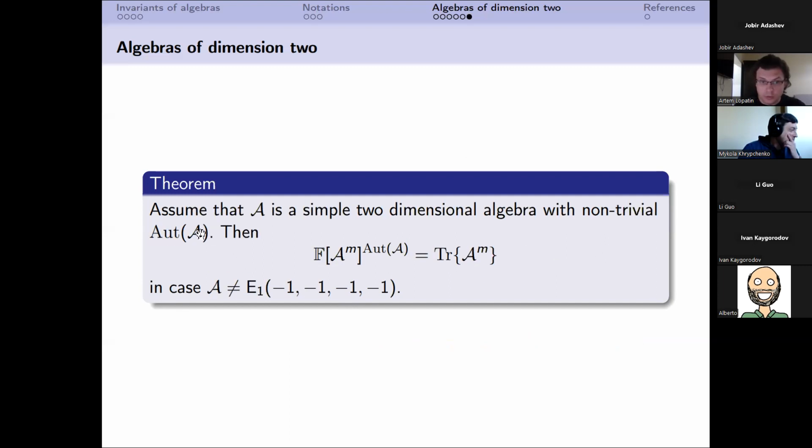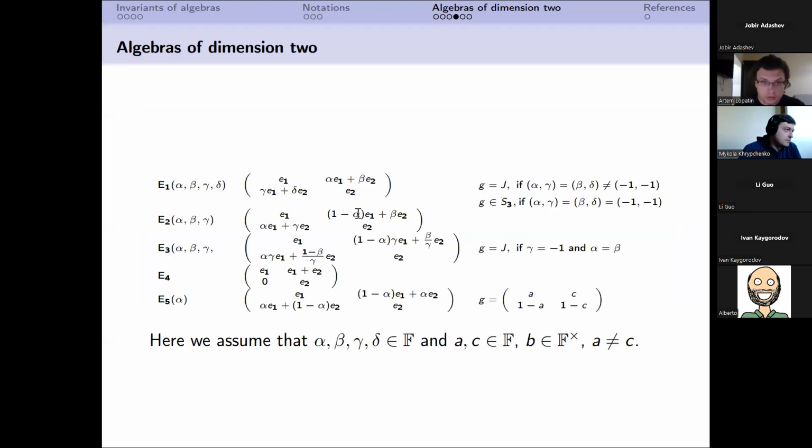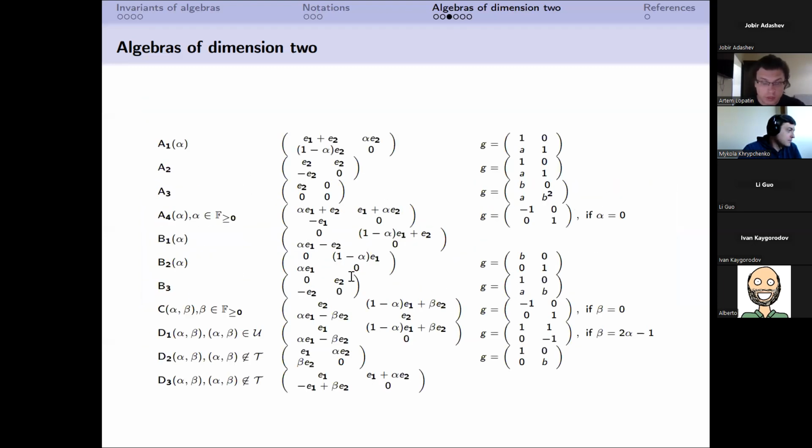If the group of automorphisms is trivial, then in some cases it doesn't hold. It can be done just by direct computations. Actually, I can say a little bit more. We may withdraw the condition that the algebra is simple and try to prove it for an arbitrary algebra. So we have a complete list of algebras, and for an arbitrary algebra we may ask, do we have equality or not? Well, I started to do this, but the list of algebras is quite long, and each algebra requires some work.